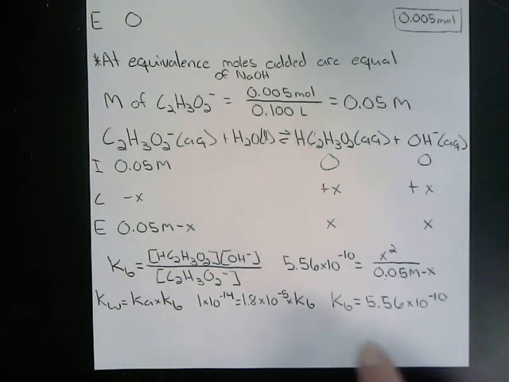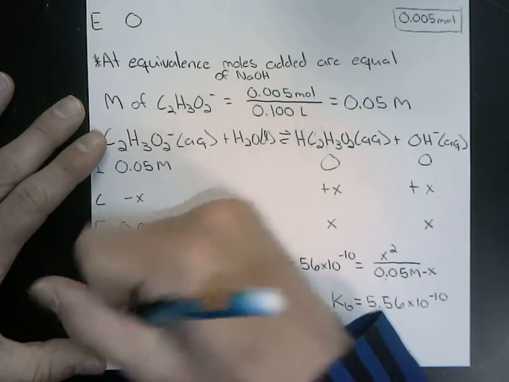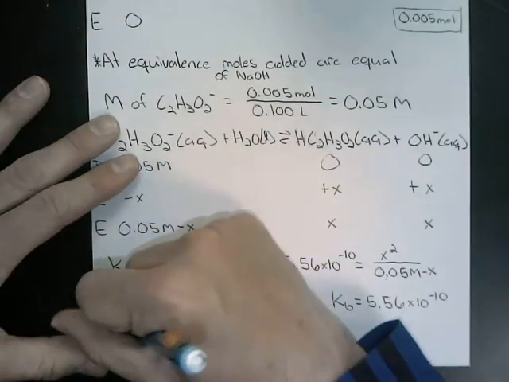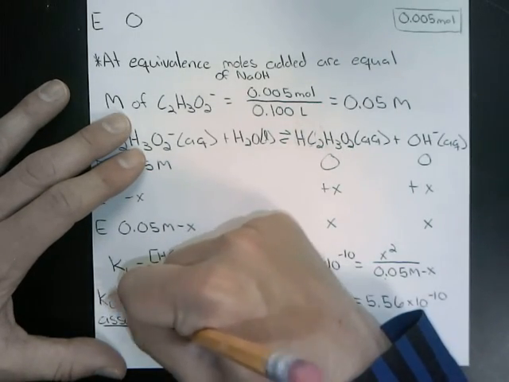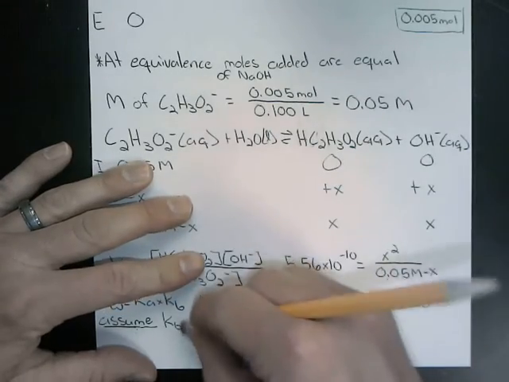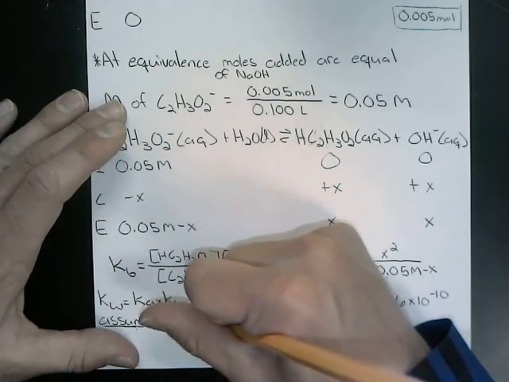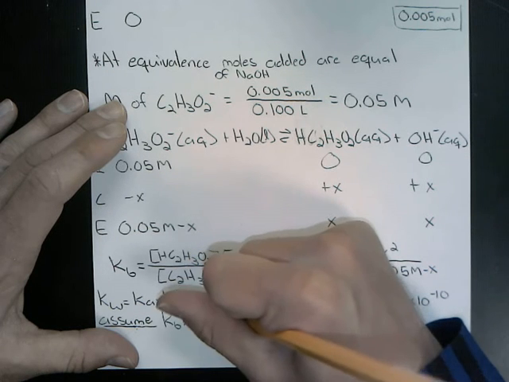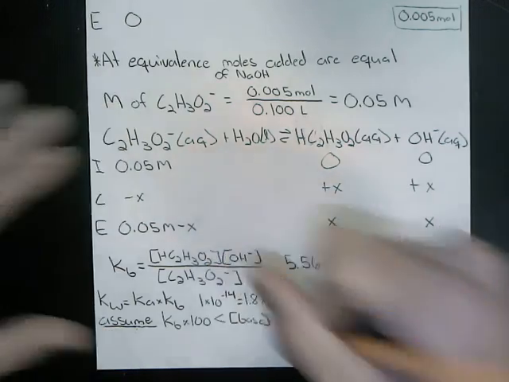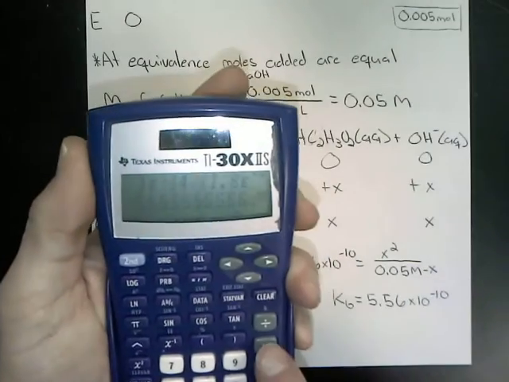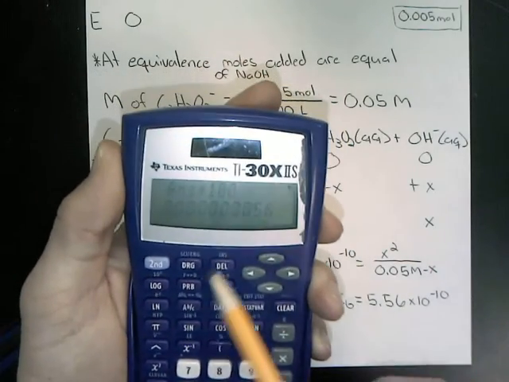But wait, we can assume, right? Our assumption in this case is going to be this: Kb times 100 should be smaller than our concentration of our base. And if we take a look here, our Kb times 100, I have that plugged in our calculator, is very small.